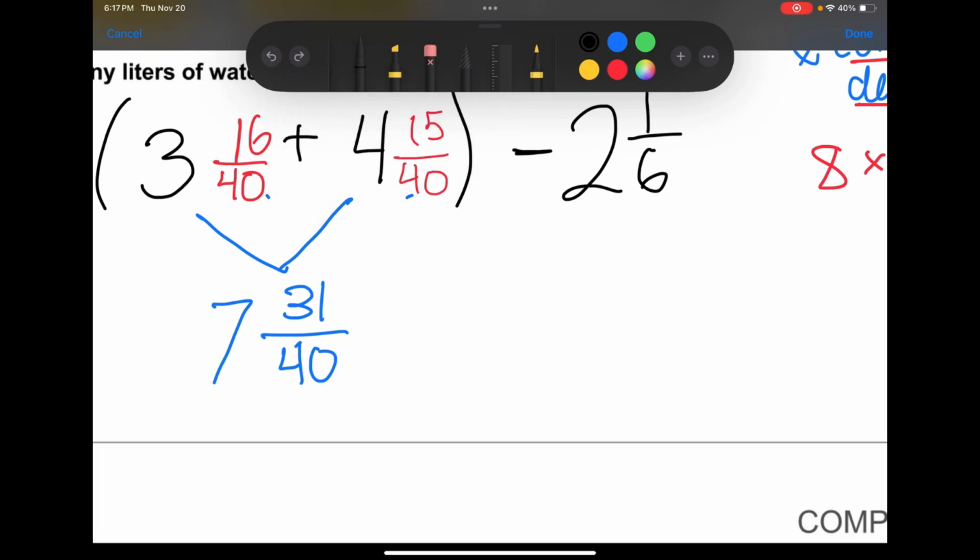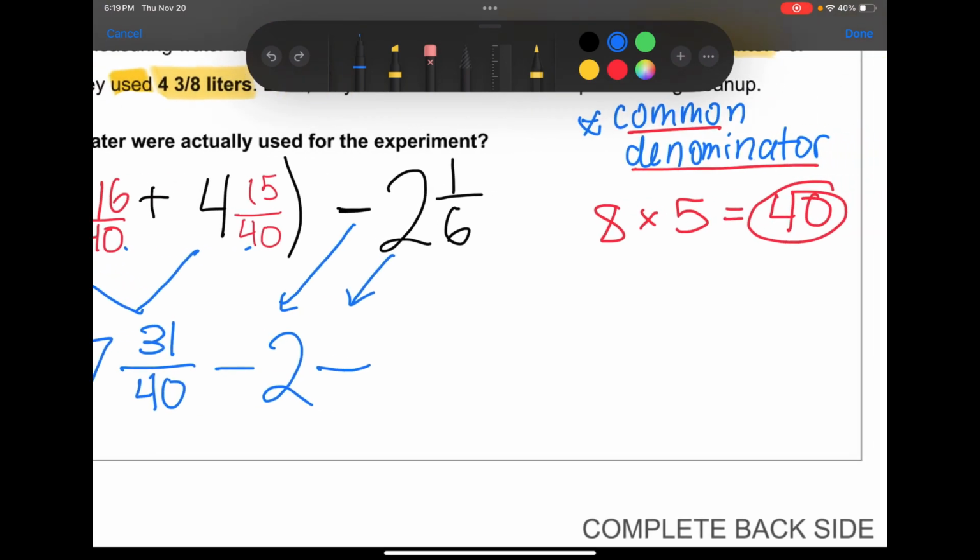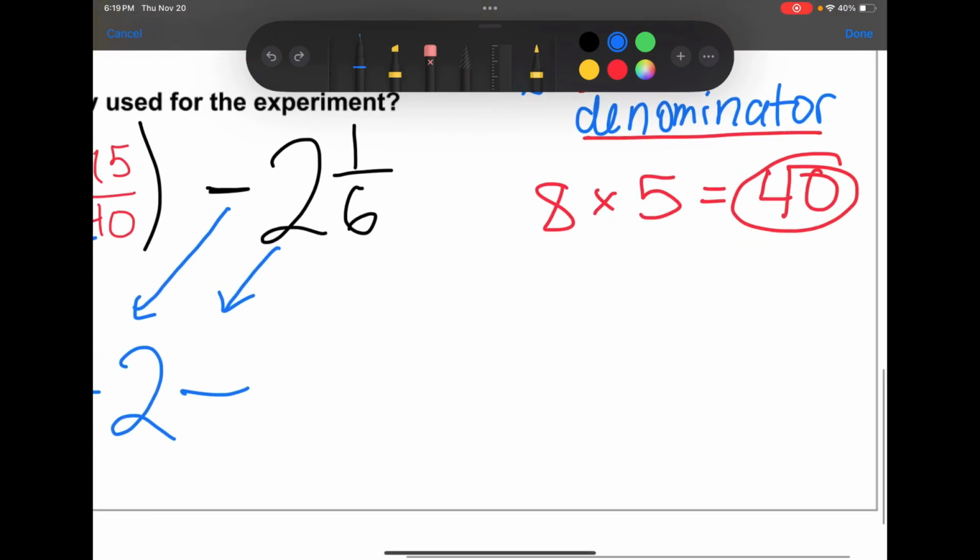So let's bring down this minus sign, this whole number, and this fraction. No, we cannot bring down that fraction just yet because the denominators are what? Different. So I'm going to keep using this strategy where we just multiply the denominators.